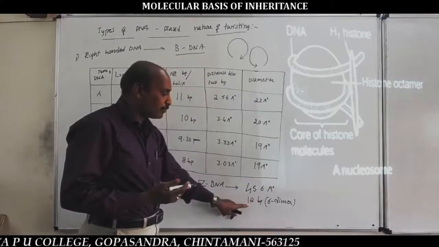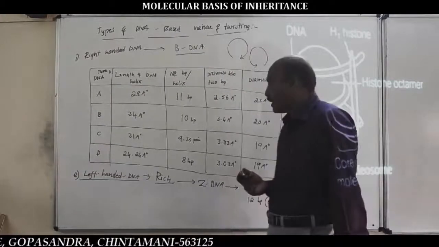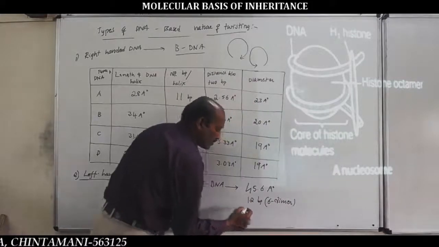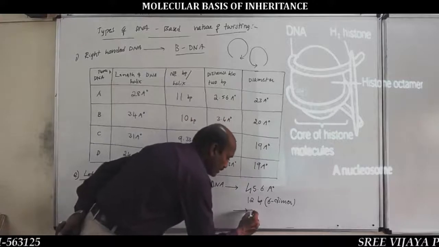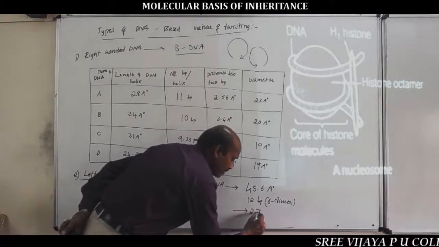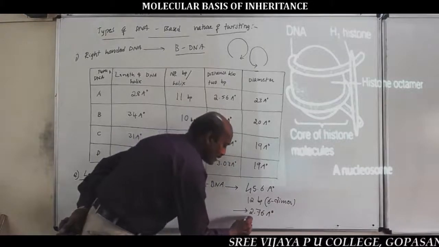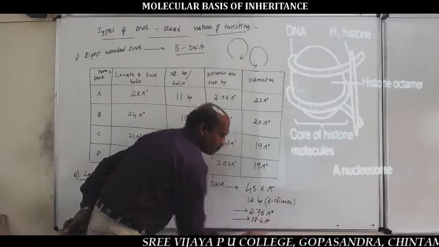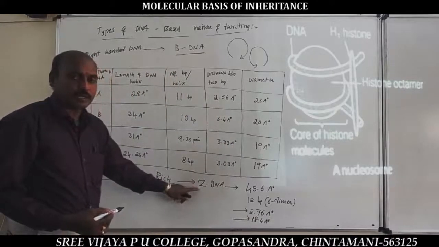It is made up of 12 base pairs, and the distance between two base pairs is about 2.76 angstroms, and the diameter is 18.4 angstroms. This is the dimension of Z DNA.